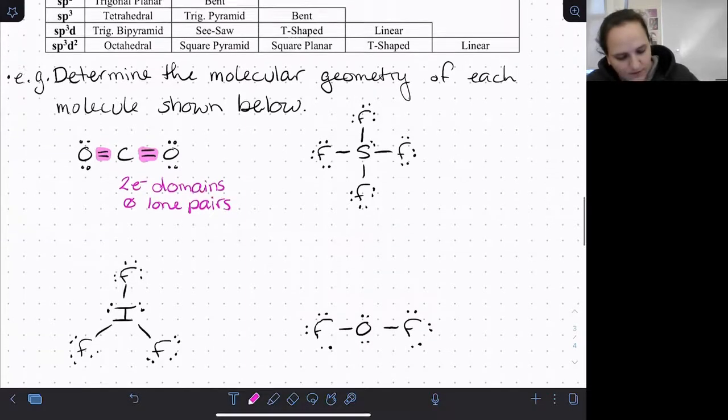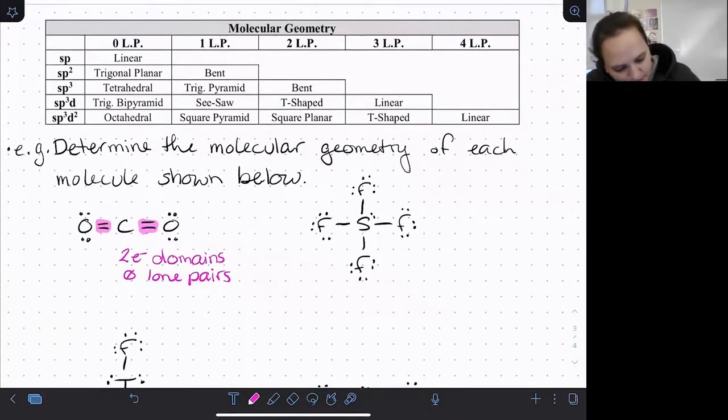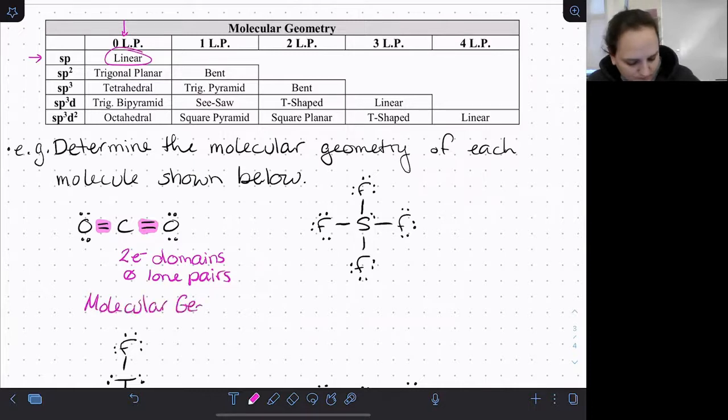So if we apply this, 2 electron domains is sp hybridization, 0 lone pairs is going to put us in this column. That gets us a molecular geometry known as linear, meaning that those 3 atoms all lie in a straight line.